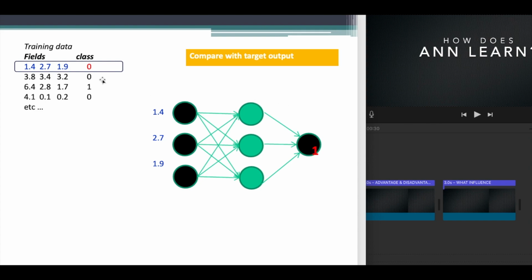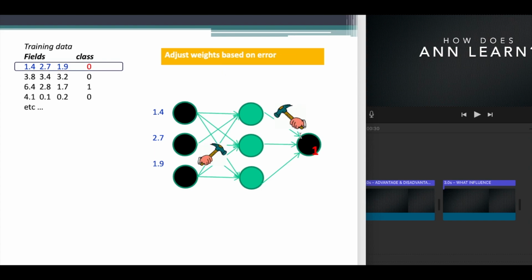Kat sini compare with target output, tiba-tiba kat sini kelas dia 0, should be 0, tapi dia dapat 1. Okay, bila dapat 1, so dia akan adjust dia punya weight. Okay, should be dapat 0. Kat sini kita dah mention 0. Ini should be dia punya output. Okay, macam kita tengok gambar lah. Berdasarkan data apa semua, okay, gambar tu ialah kucing.